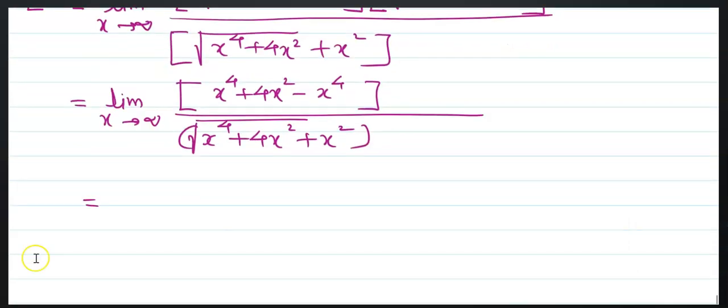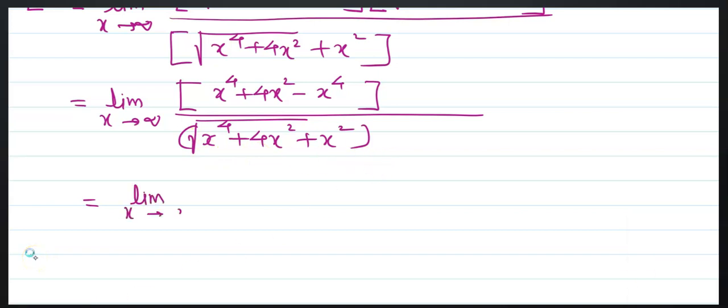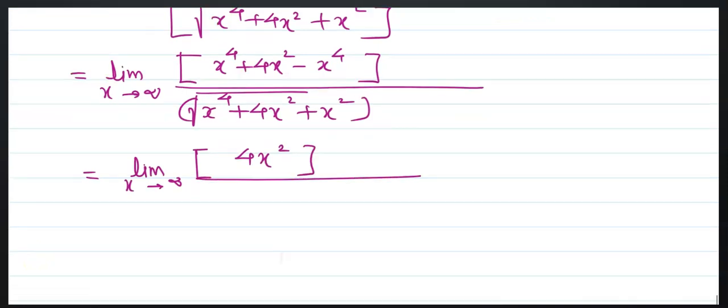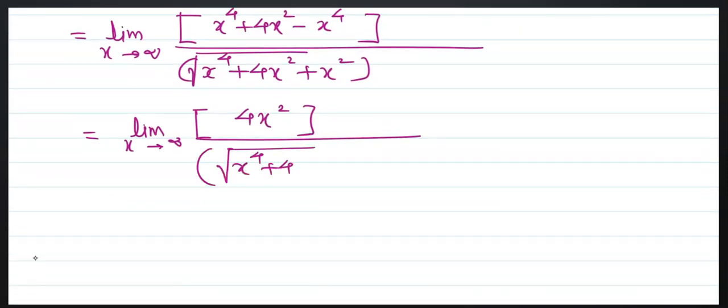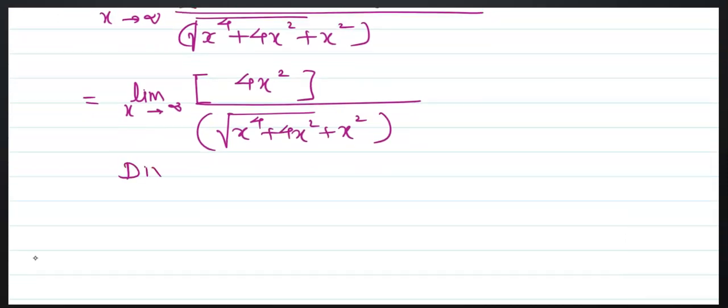See this here. Therefore, limit x tends to infinity, 4x² upon √(x⁴ + 4x²) + x². Now divide numerator and denominator by x².